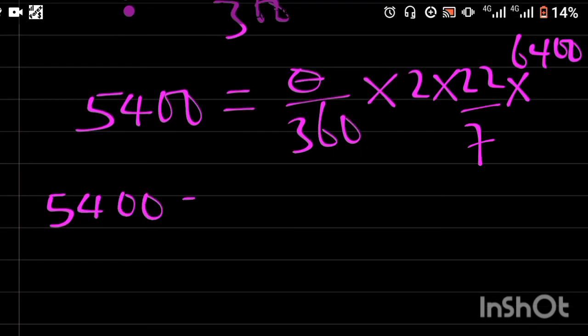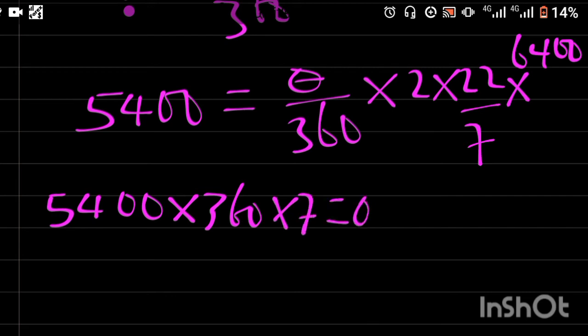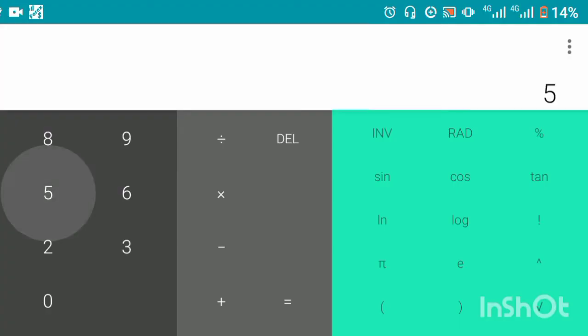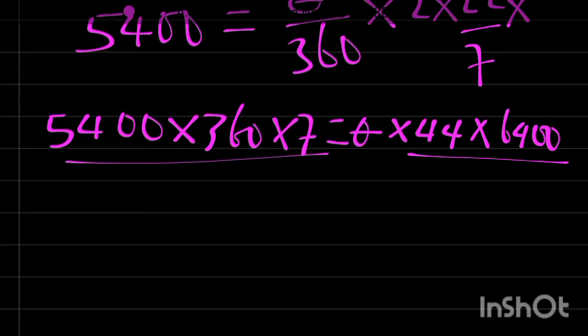5,400 times 360 times 7 is going to be equal to theta times 44 times 6,400. So let's multiply the whole of this together and the whole of this together. 5,400 times 360 times 7, we have 13,608,000.